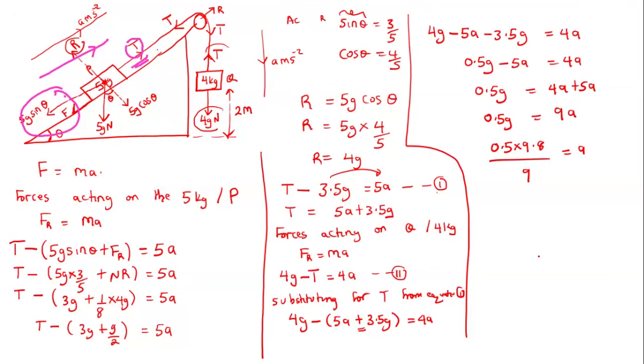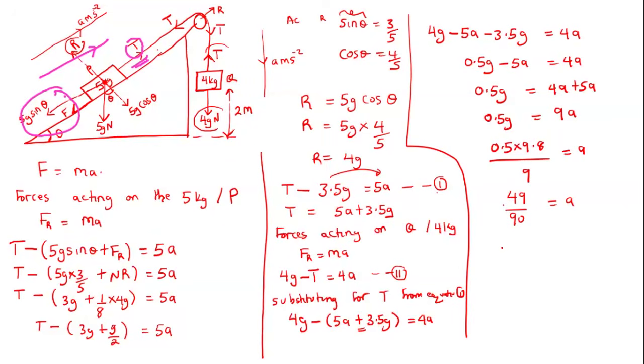So can you place your calculator and confirm that we are getting our answer for our acceleration here? I'm getting my answer as 49 out of 90 is equal to a, which now we can write as 49 divided by 90.